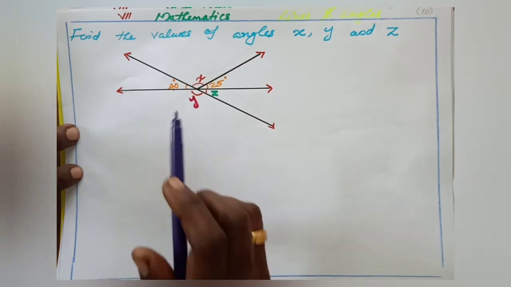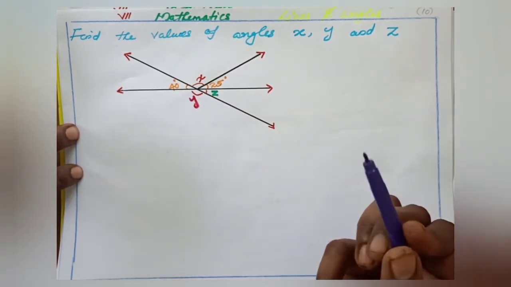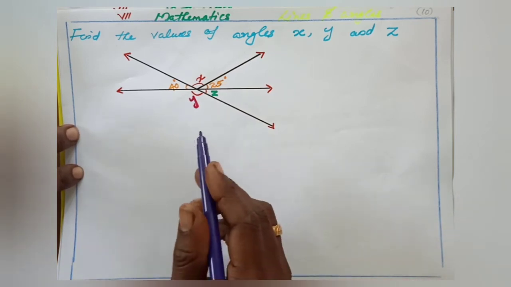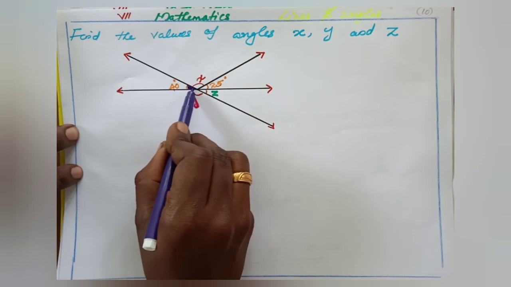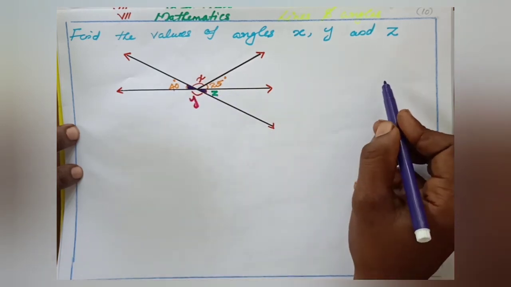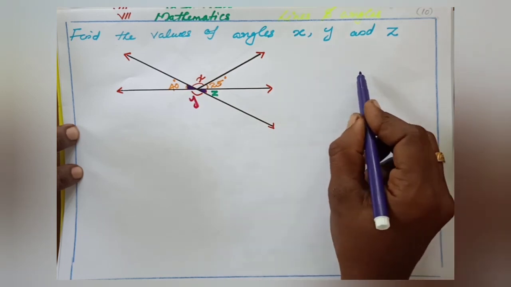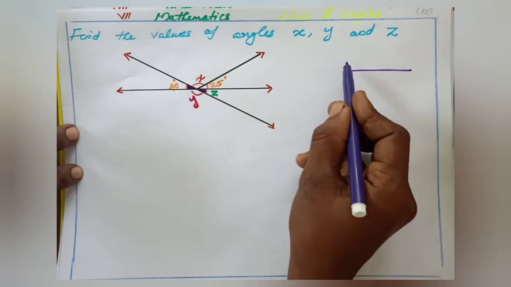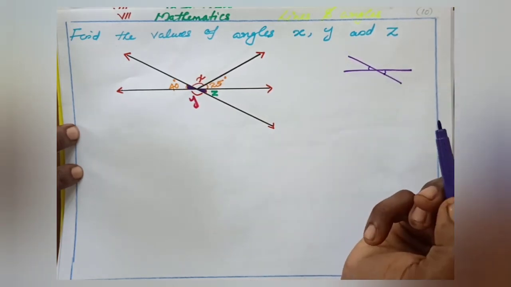Here this is 40 degree, here x, 25 degree, z, y. Listen, this 40 degree and z degree: one straight line and one angle forming these two are vertically opposite angles.